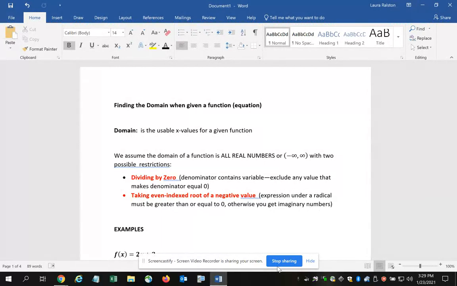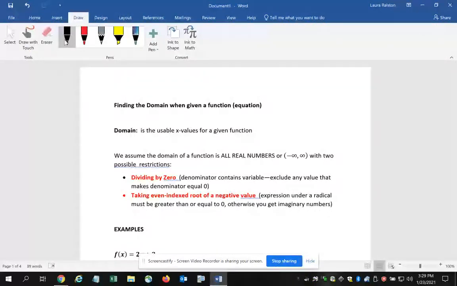The other restriction is that you cannot take the square root or the fourth root or the sixth root of a negative value. Hopefully you remember from earlier algebra that if you try to take, say, the square root of negative 4, that's really the square root of negative 1 times 4, and the square root of negative 1 times the square root of 4.